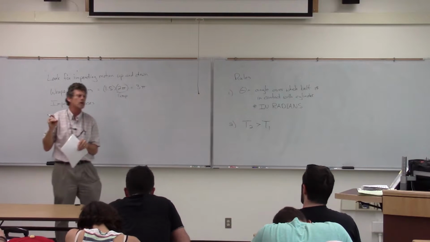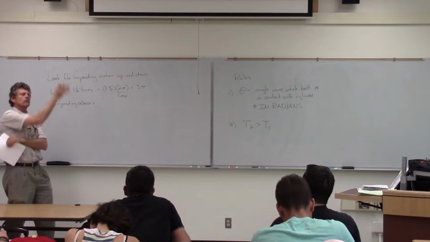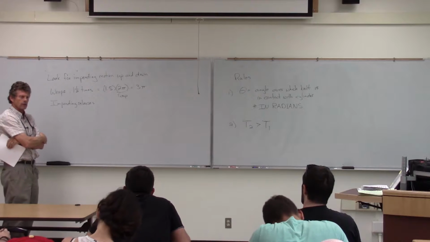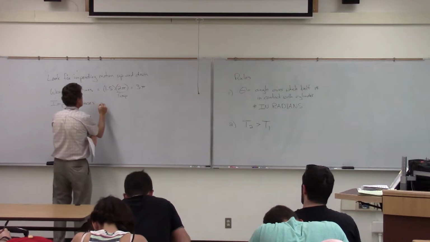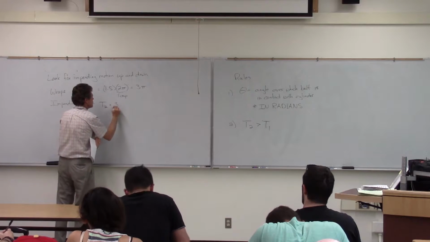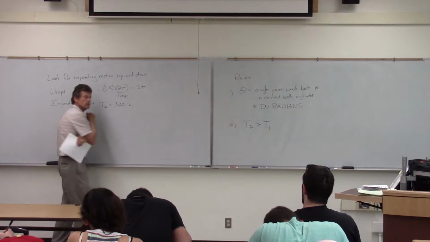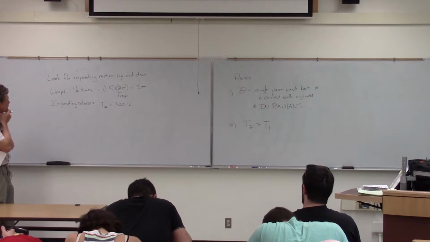Which one do I know? I'm releasing, so I'm talking about my block taking off on me. So T2. T2 is going to be the bigger one, right? Because that's the one I'm going to try to hold from taking off.